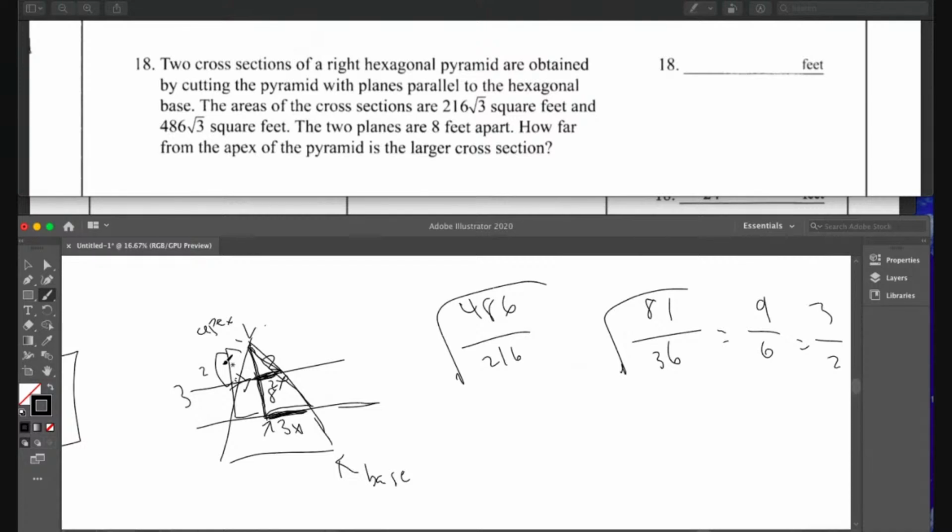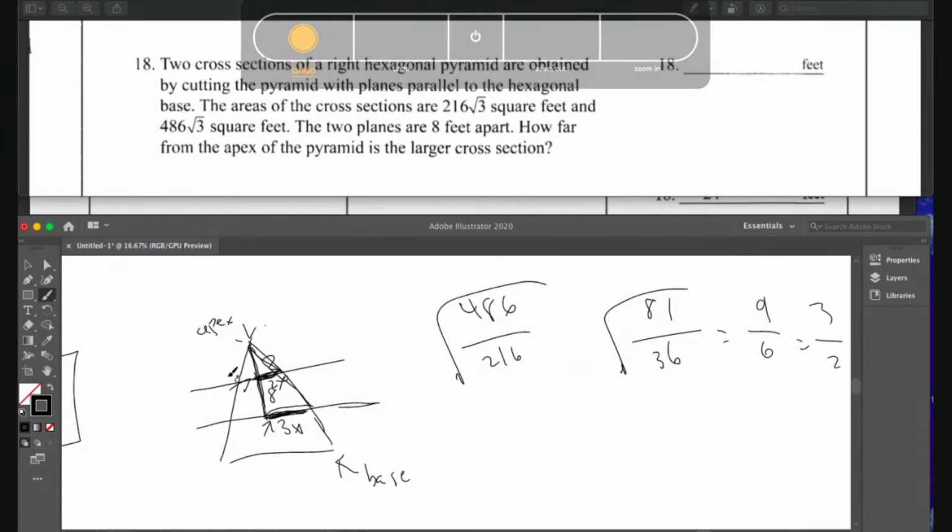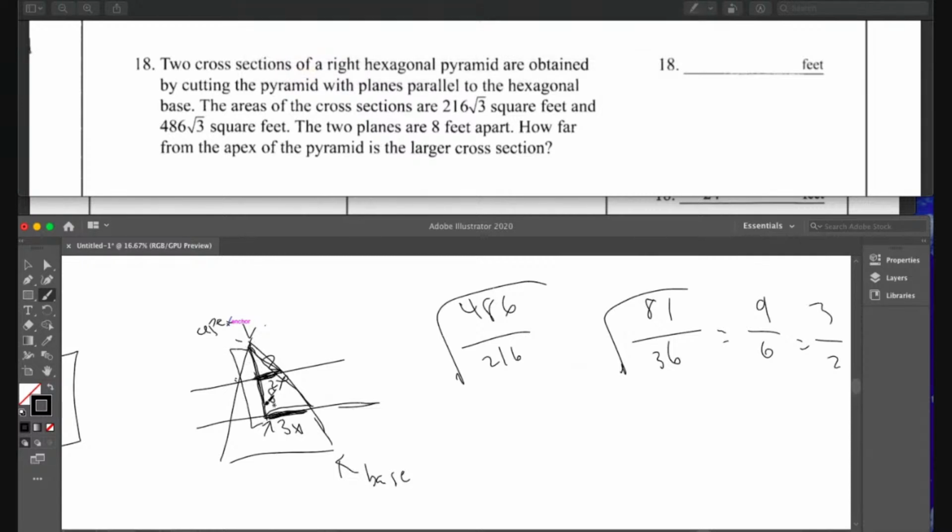This is kind of messy here, but let me just call this whole height right here y, right? And then I can call the smaller height right here y minus 8, because I know that the distance between the planes is 8, right?